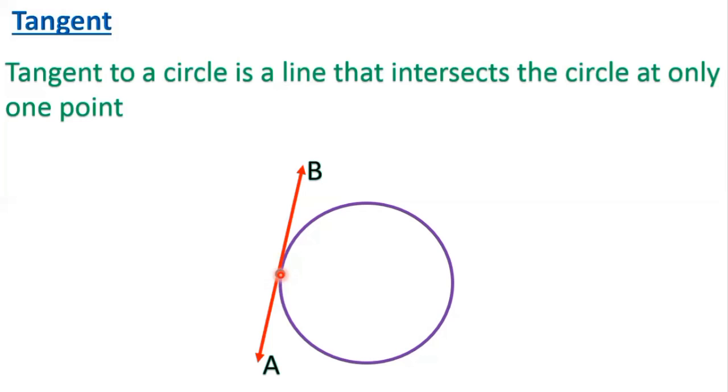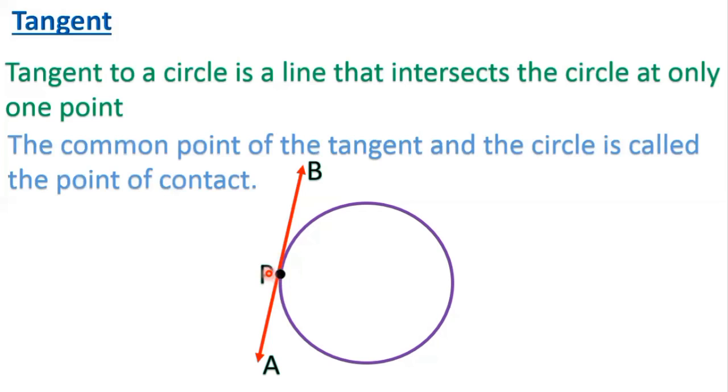Name that point as P. Now line AB intersects the circle at point P. P is called the point of contact. The common point of the tangent and the circle is called point of contact. In this figure, P is the point of contact because P is the common point for tangent and the circle.